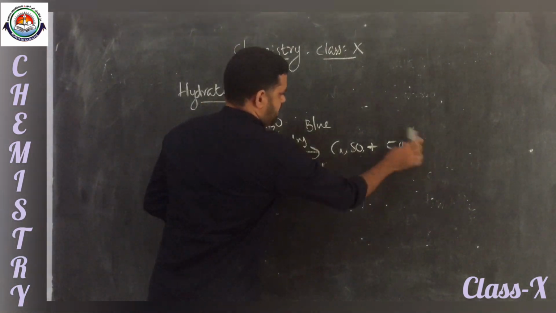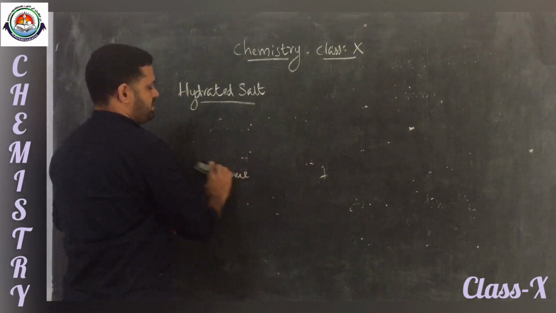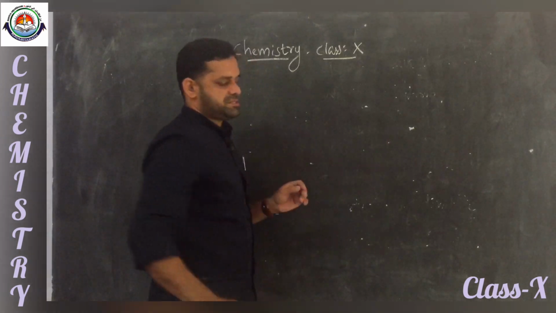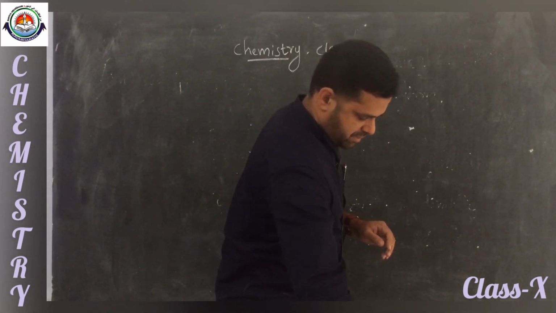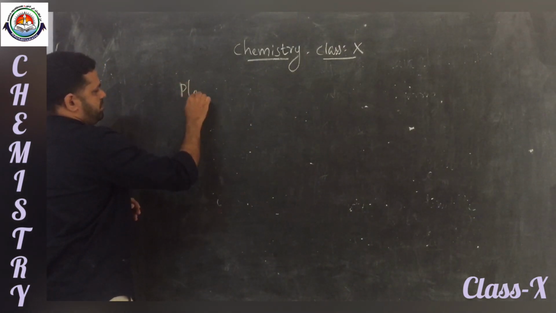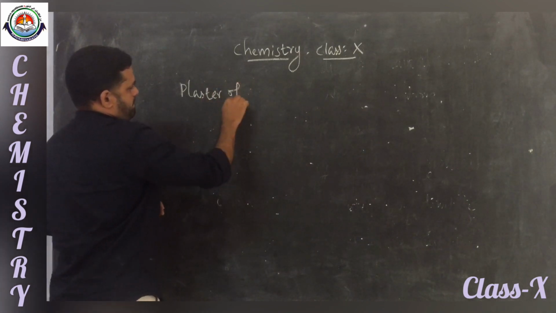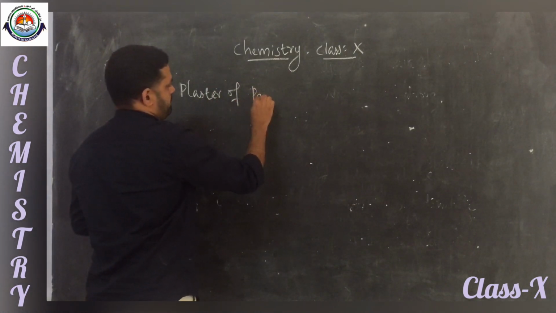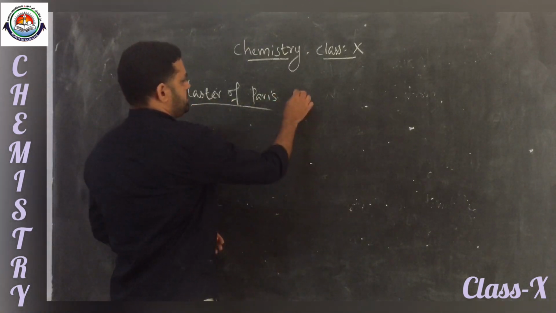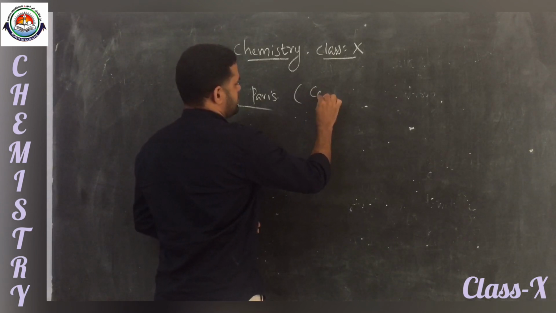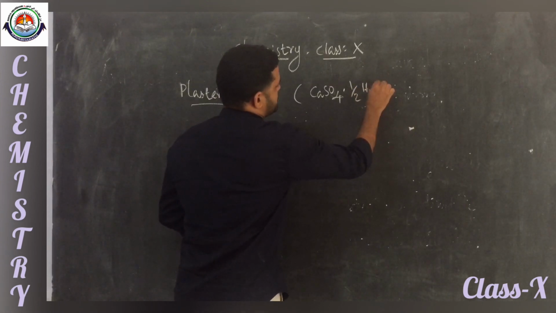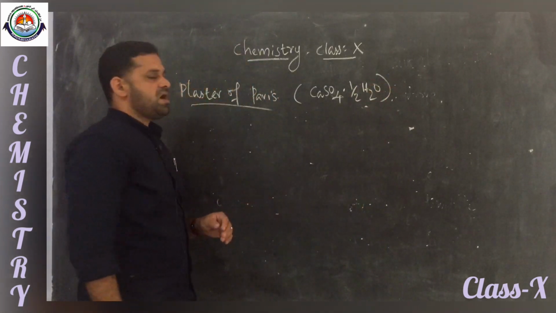Then we move on to the next salt, the last portion of this chapter, plaster of Paris. Its chemical formula is calcium sulfate half H2O, CaSO4 ½H2O.